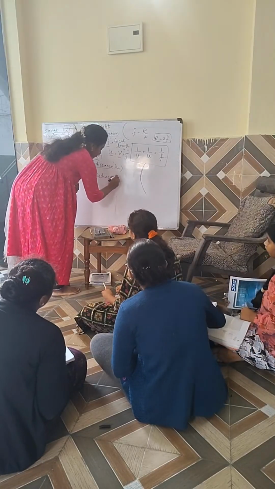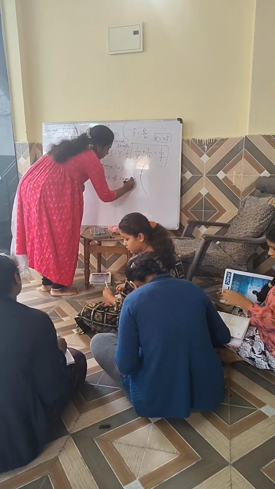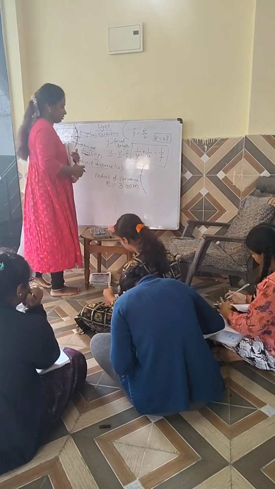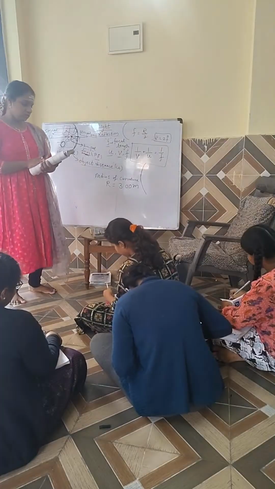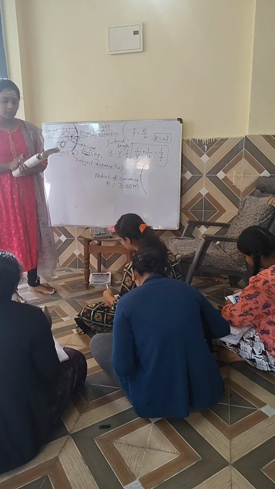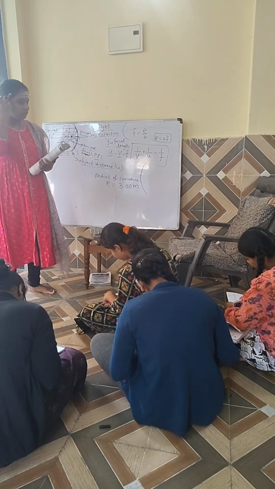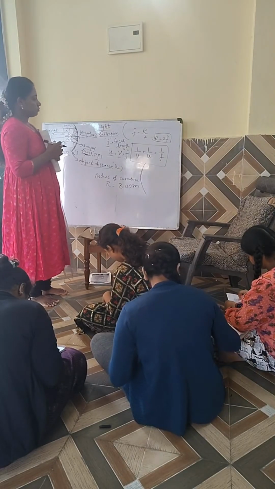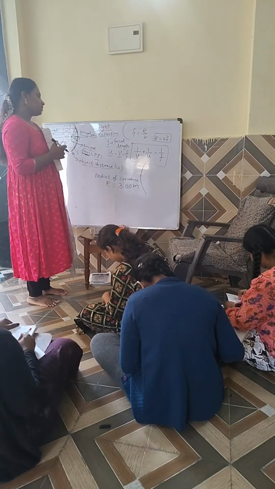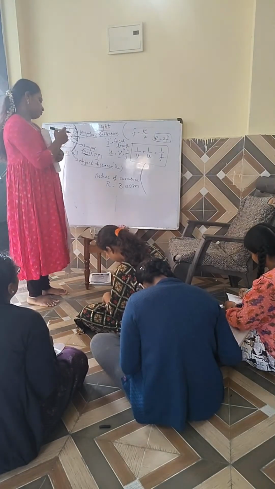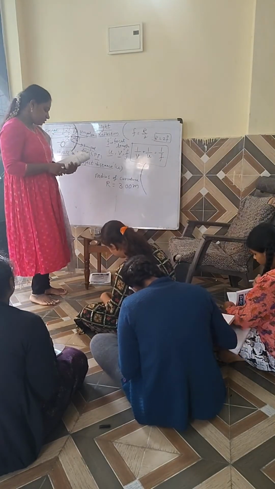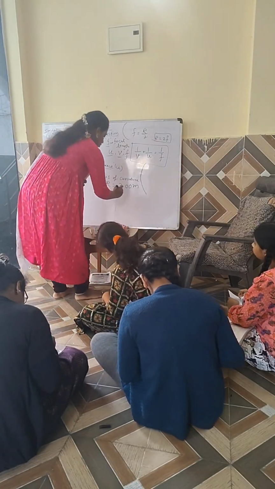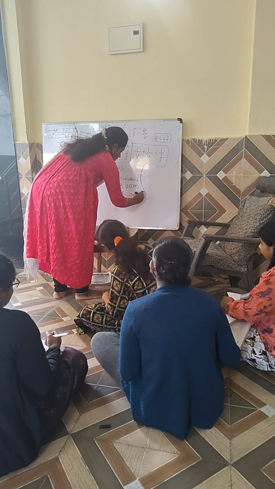Radius of curvature, that is R. How much have they given? 3.00 meters. If a bus is located at 5.00 meters, the bus is located.